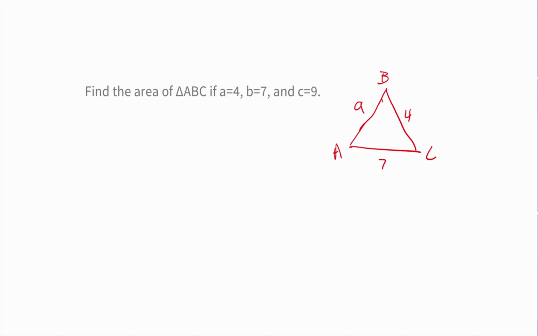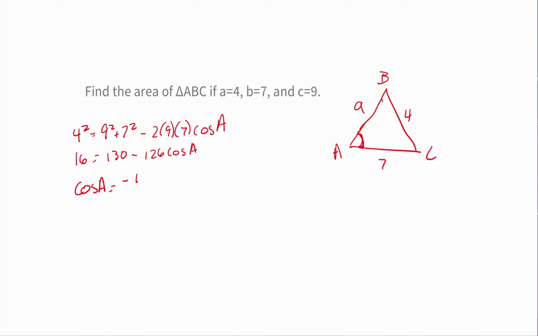And so we need an angle, any angle, doesn't matter. I'm going to solve for angle A. And so we're going to use the law of cosines. That's going to be 4 squared equals 9 squared plus 7 squared minus 2 times 9 times 7 cosine A, which is 16 equals 130 minus 126 cosine A, which means that cosine A equals 114 over 126.